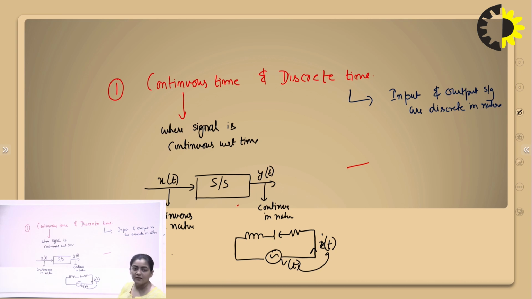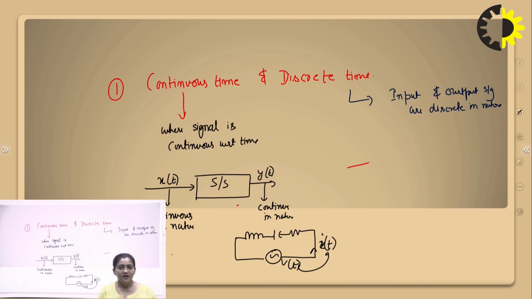It's an obvious thing. If a signal is discrete, how can you apply it to a continuous time system? Suppose there is a resistor or a capacitor, and you are applying a voltage in intervals, one pulse, then another pulse, then another pulse.